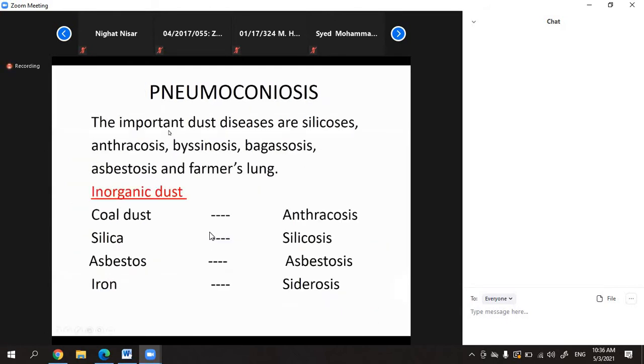The important dust diseases are silicosis, as we have seen in the chart, that the agents are dust and the exposures are occupational hazards. Silicosis, anthracosis, byssinosis, Bagassosis, asbestosis, and farmer's lung. Farmer's lung can be caused through grain dust.